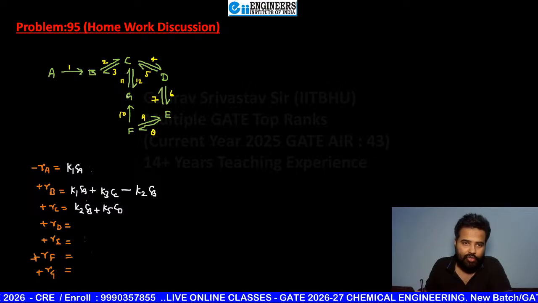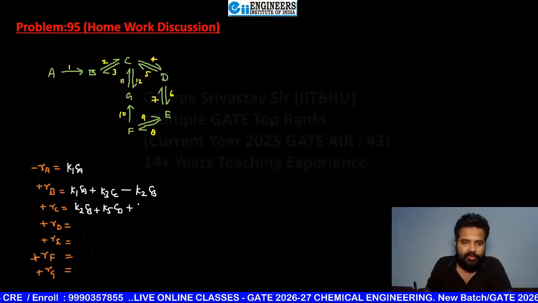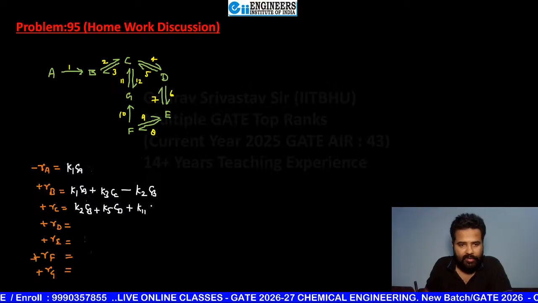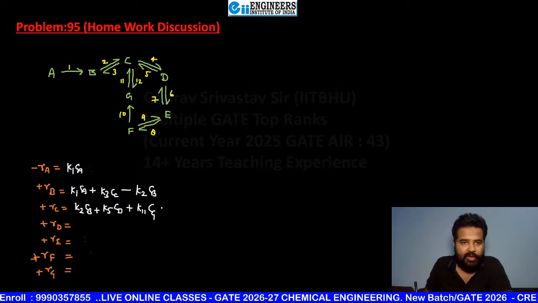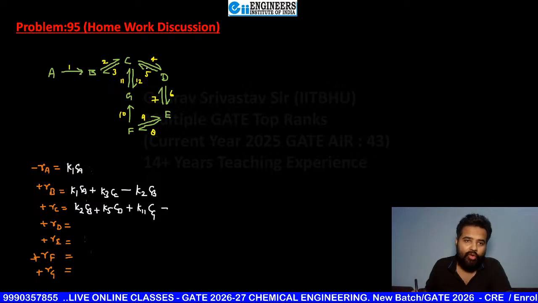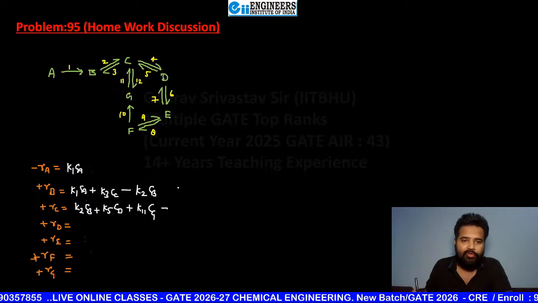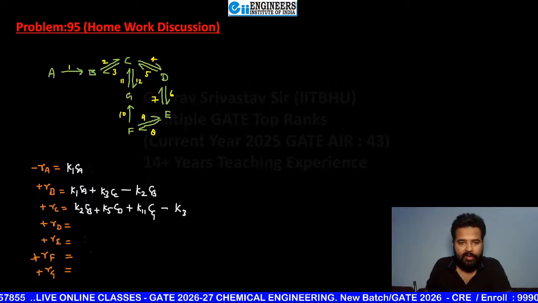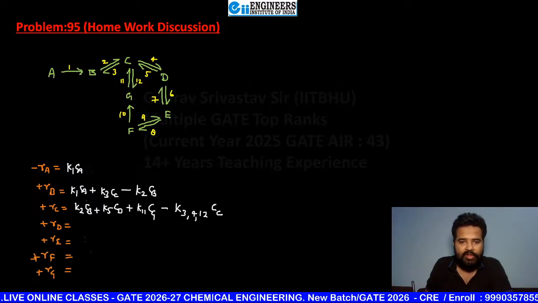Then C is also formed by the 11th path, so you can write plus K11CG, and disappeared by paths 3, 4 and 12. So K3,4,12 CC.